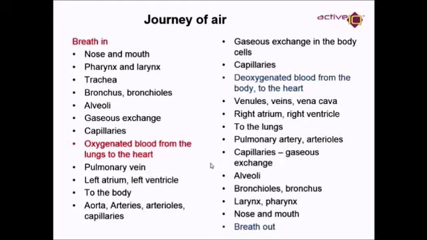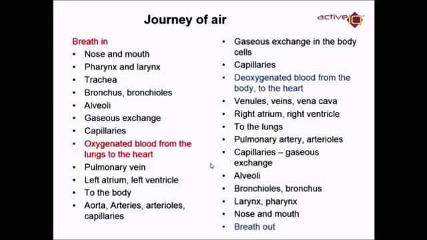Inside the alveoli, gaseous exchange takes place, and the capillaries will get oxygenated blood transferred into them. Okay, they'll take that on board. From there, we go through the pulmonary vein, as we talked about in the circulatory system.